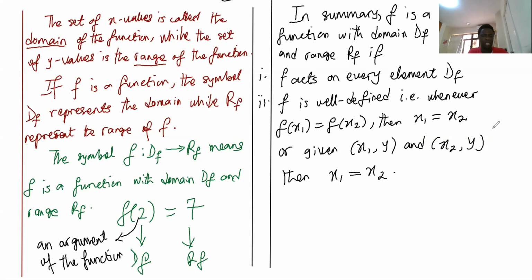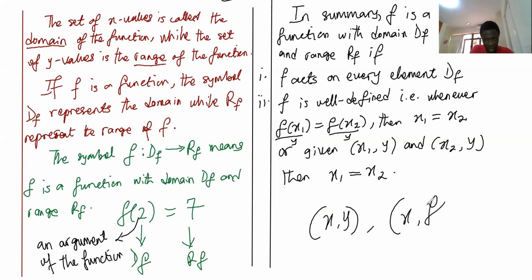You want to be sure that it satisfies this condition. Does everybody understand this condition number 2, particularly what I've written here? Whenever f of x1 equals f of x2, it must be that x1 is equal to x2. Remember, this f of x1 is the y we're talking about. The coordinate x, y simply is x comma f of x. So when we talk about f of x1, we're actually talking about the y coordinates.